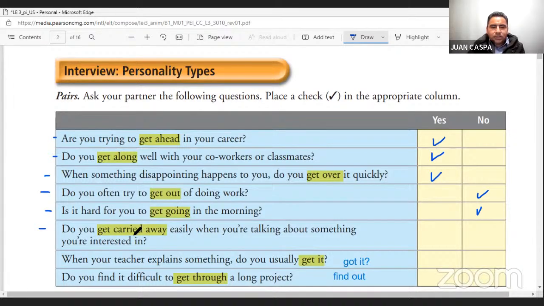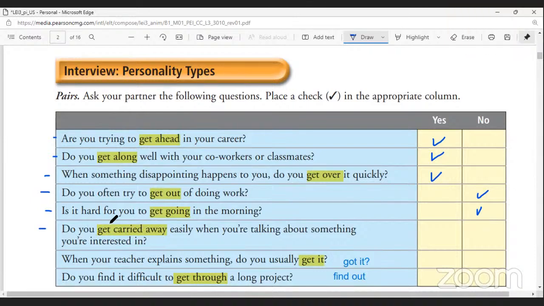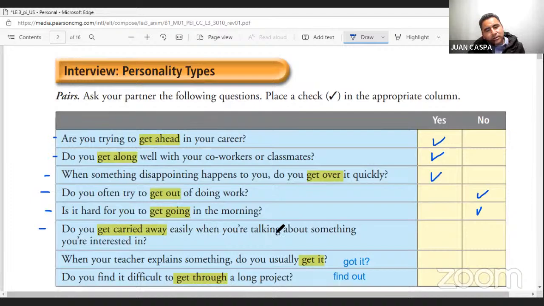Yeah, this is because of the context. Do you get carried away easily when you're talking about something you're interested in? ¿Cómo entender? Lo entiendes fácilmente cuando algo te interesa, algo así.